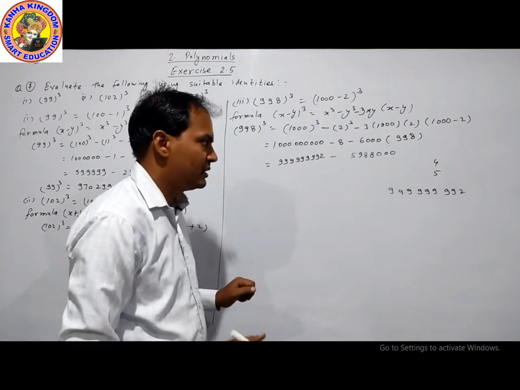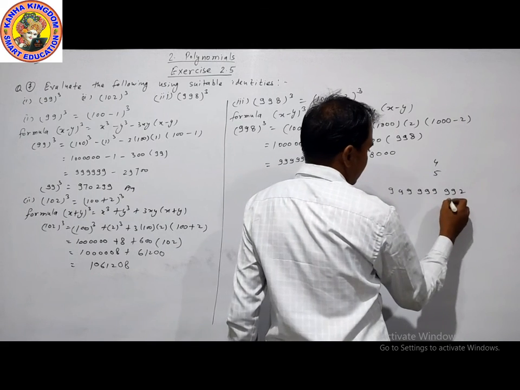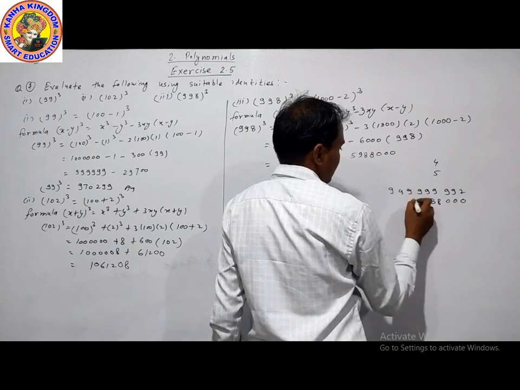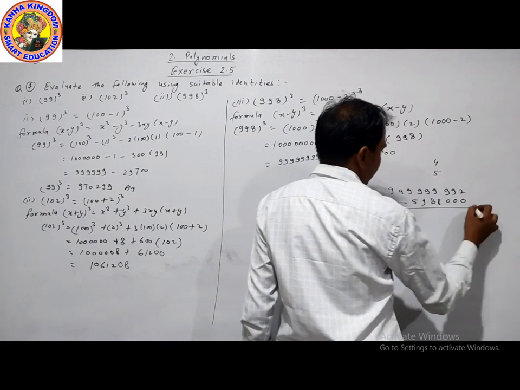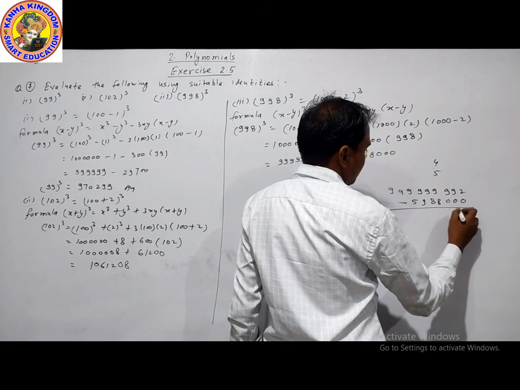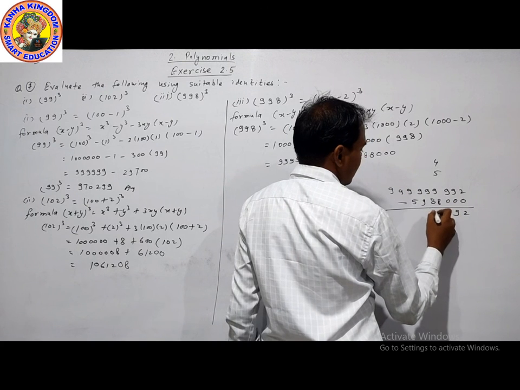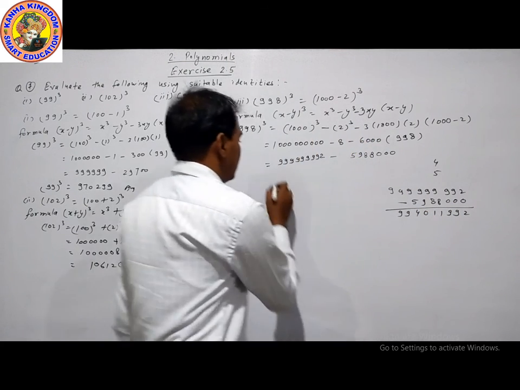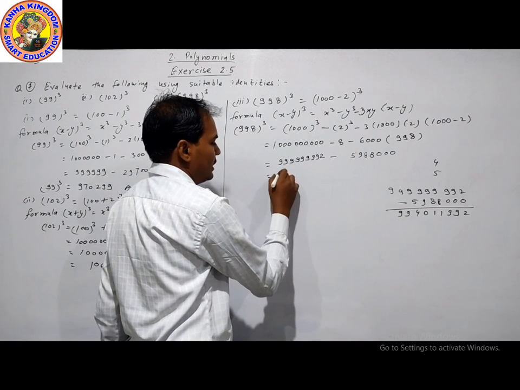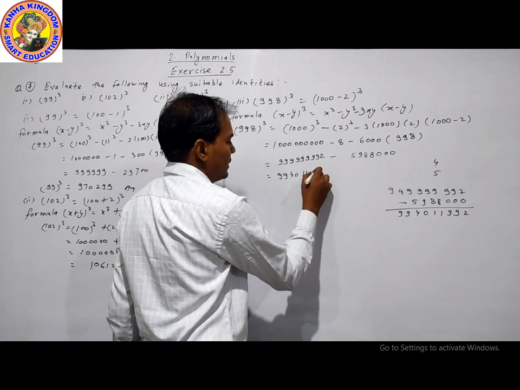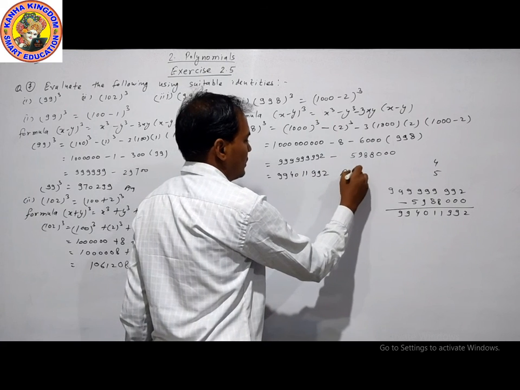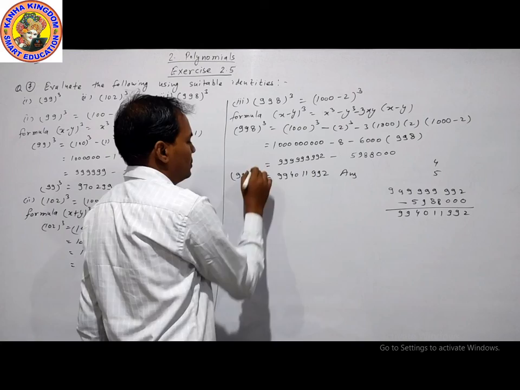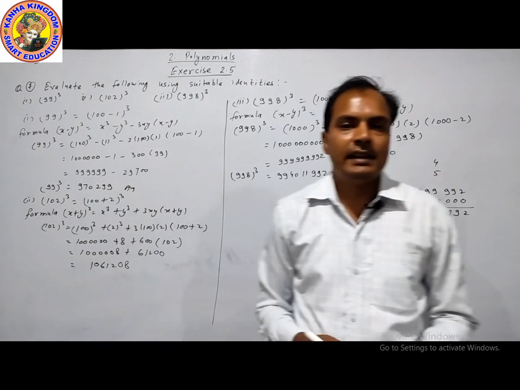The first term is 999999992, the second term is 5988000. Subtracting, the answer is 994011992. This is our answer of 998 cube. You can take a screenshot of this.